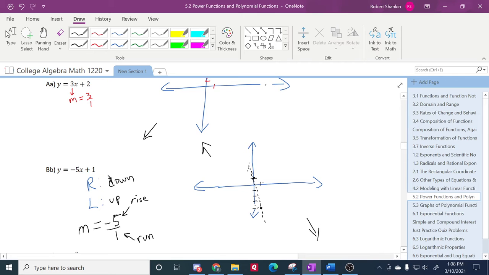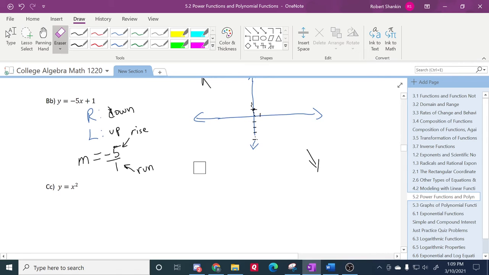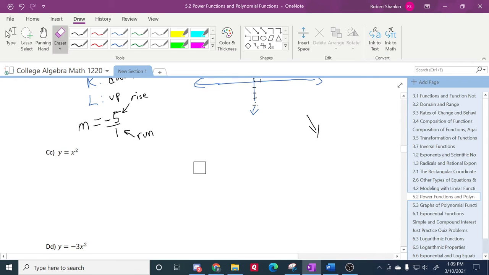That's the end behavior of this function. In the picture, we'd actually get rid of the real function. We just want to know the end behavior. Put all our focus on, does this go up or down on the far left and then on the far right. Okay. Go to the next one.